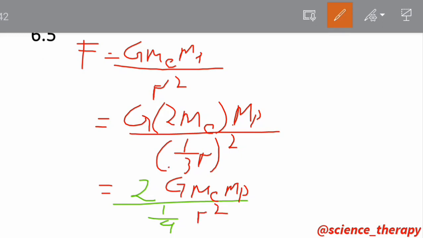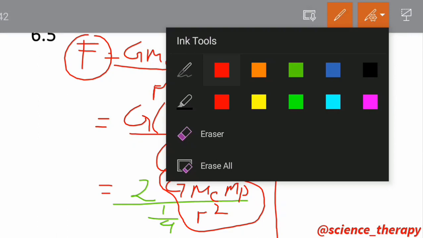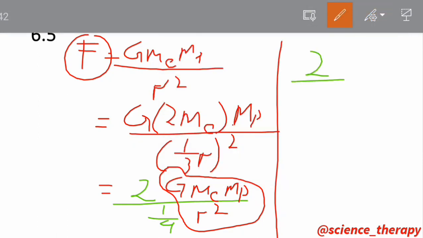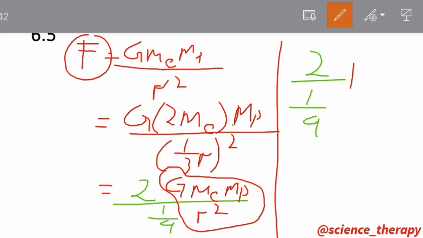But remember, this formula here is for F, right? So that means in this case now I have what? I have 2 over 1/9, and then all that times F, right?